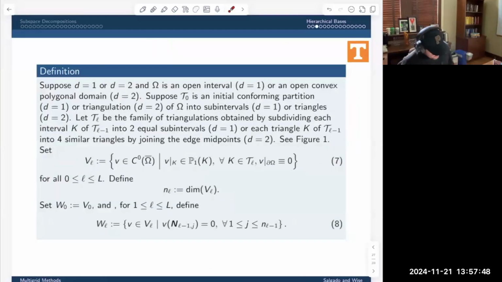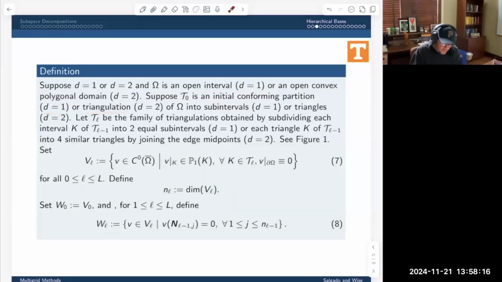Okay, so suppose that d is equal to either 1 or 2. It's a little bit harder to envisage in 3 dimensions. And suppose that omega is an open interval, or an open convex polygonal domain in d equals 2. Suppose that T naught is an initial conforming partition in d equals 1, or a triangulation in d equals 2.